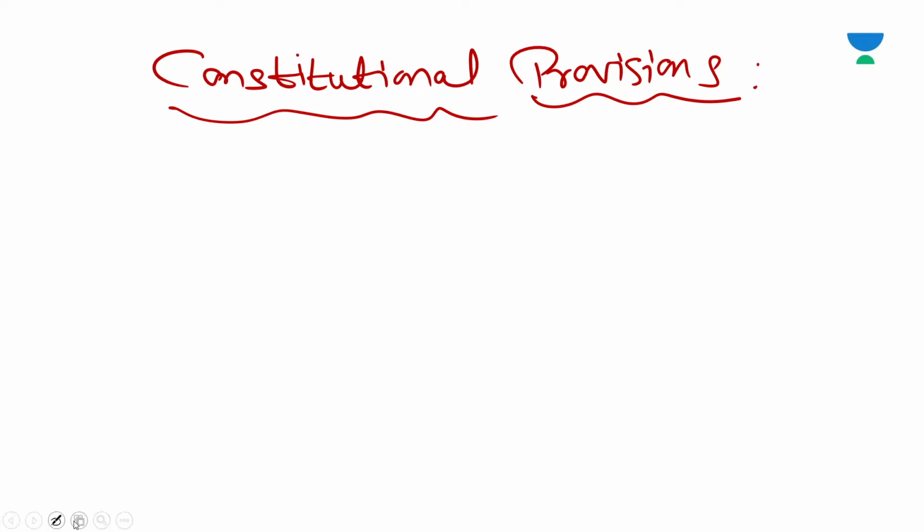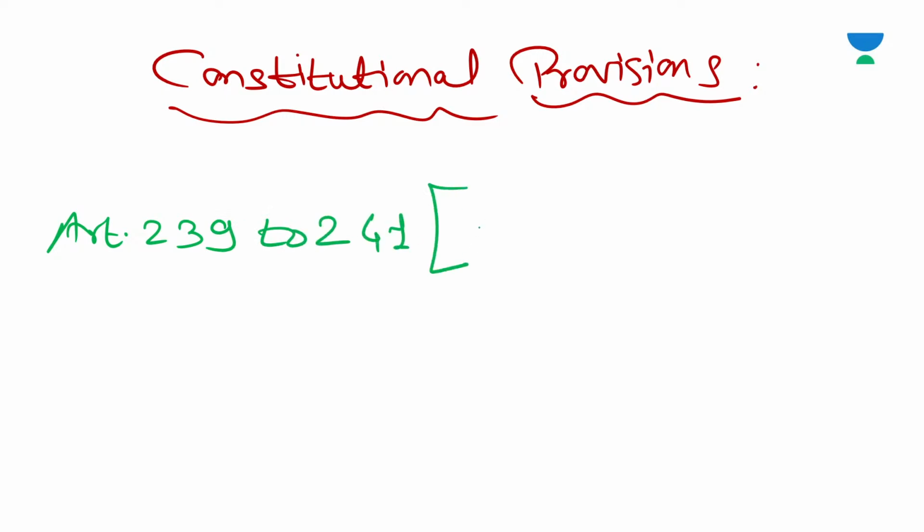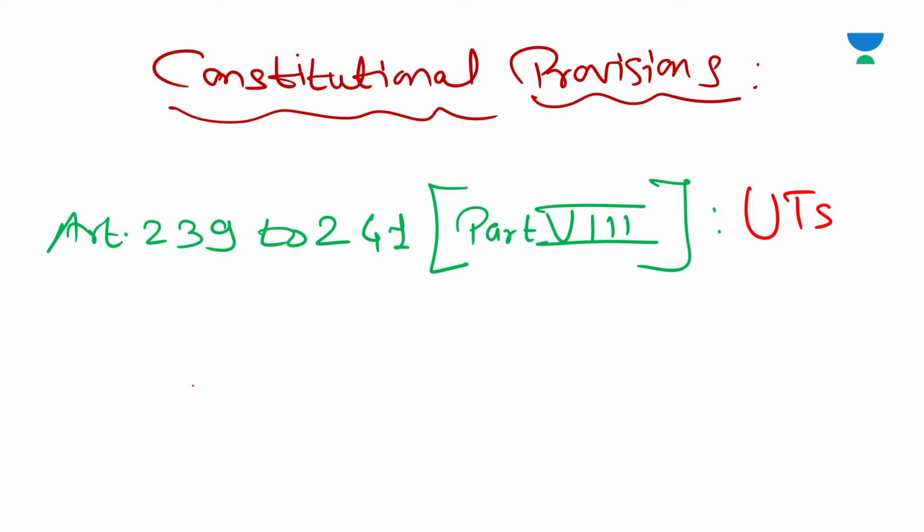Understand Article 239 to 241 in Part 8 of the Constitution, which deals with the union territories of India. And just remember that there is no uniformity in their administrative system.